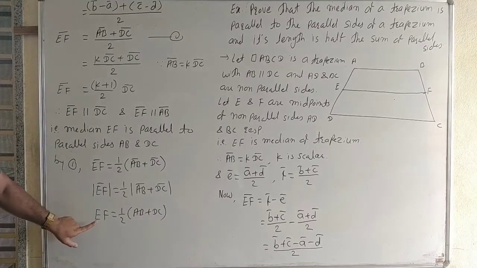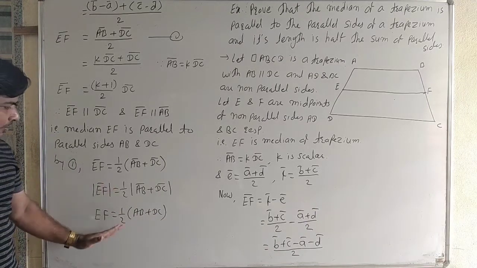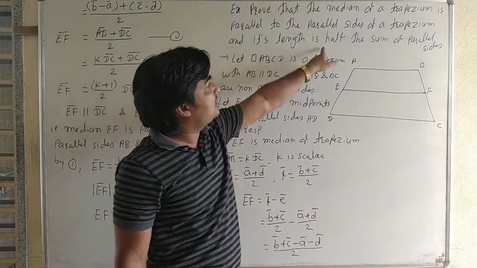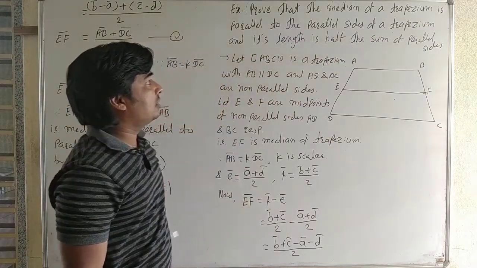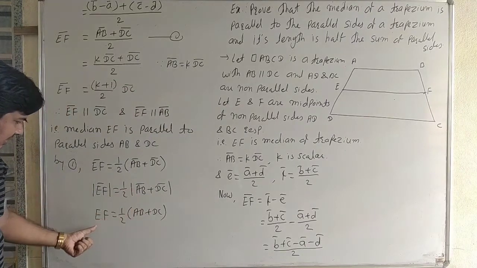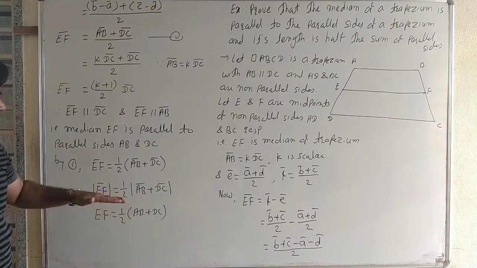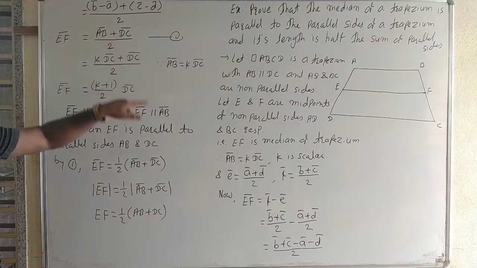That is, the median's length is half of the sum of the parallel sides. It is the second proof, and that was the first proof. Okay, see carefully.